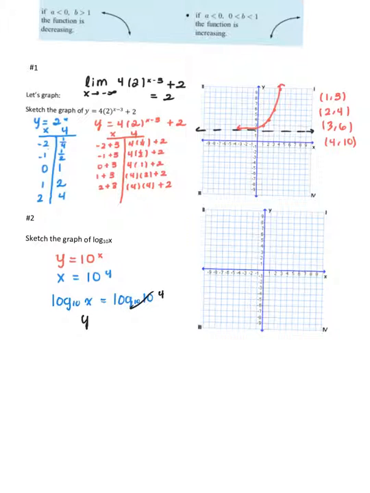So your inverse is equal to log base 10 of x. So we know that in inverses, the domain and range is flipped around. So I just make a table for 10 to the x and I just flip it around. And that's how I graph log base 10 of x, right?